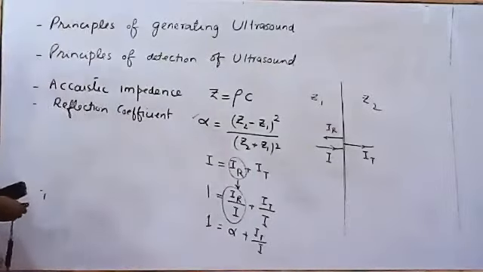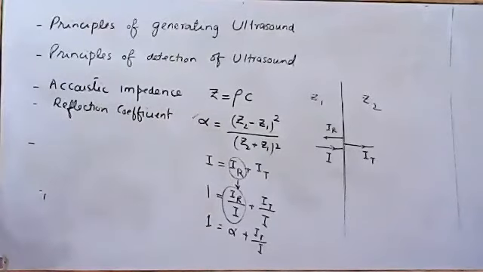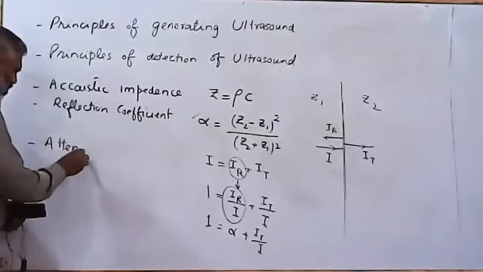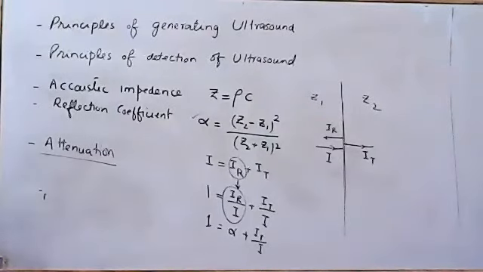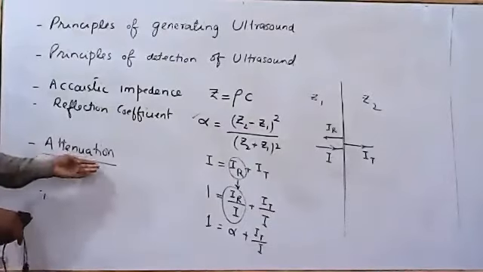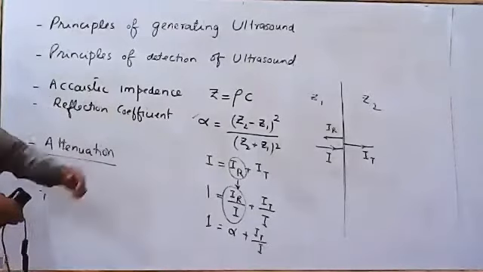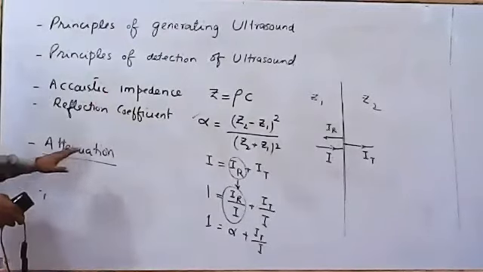The last thing which is coming up now in this syllabus is attenuation. Attenuation is a term that is widely used when we study any kind of radiation. It could become a familiar term by the end of your syllabus, because you will have learned this in the study of X-rays.